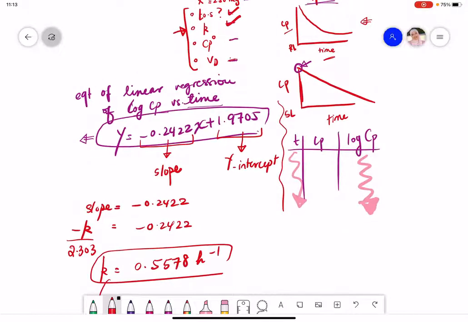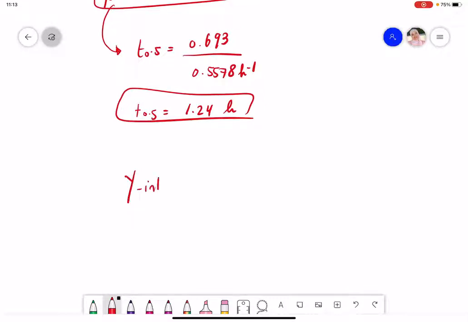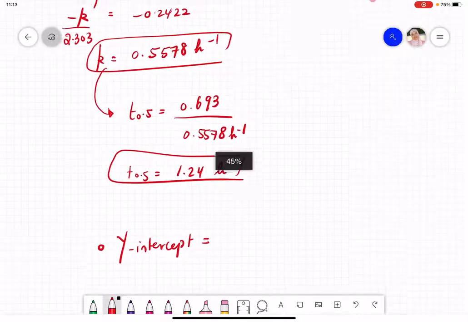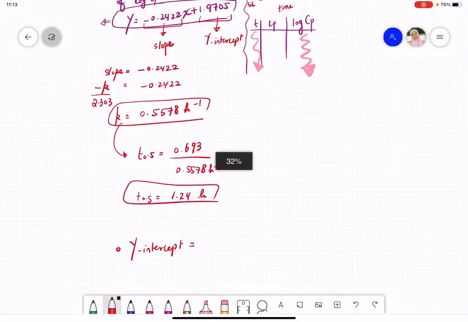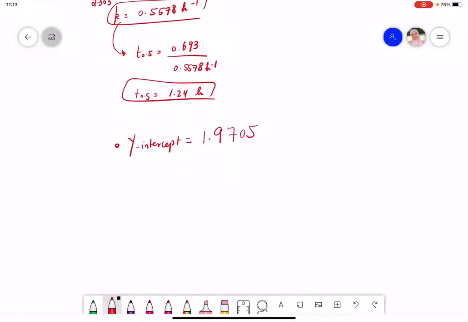We need to determine CB naught, okay? We know from the y-intercept, which is equal to 1.9705, that this equals log CB naught, right? From the equation.